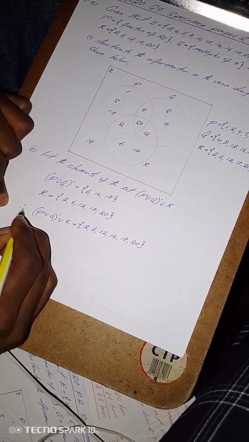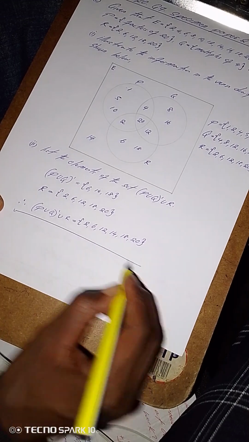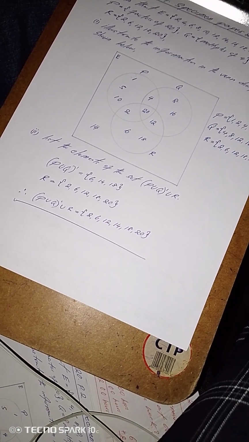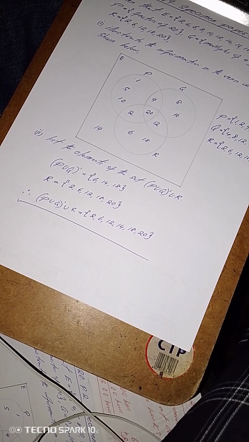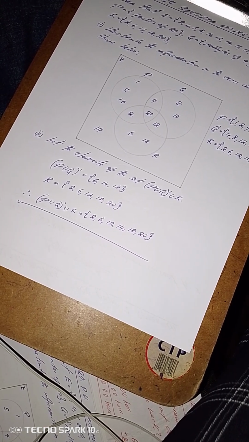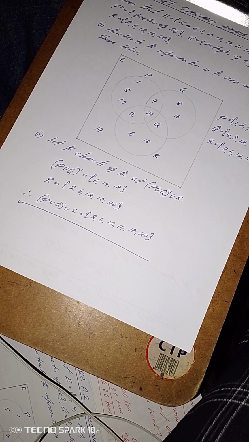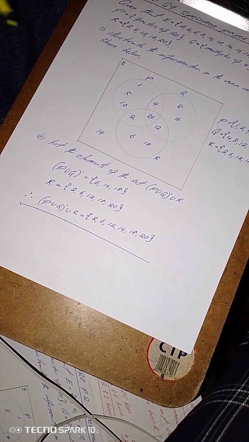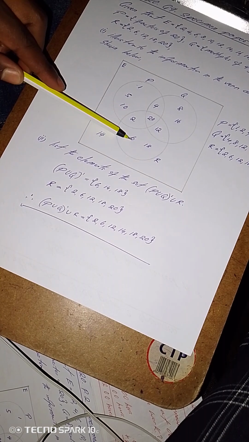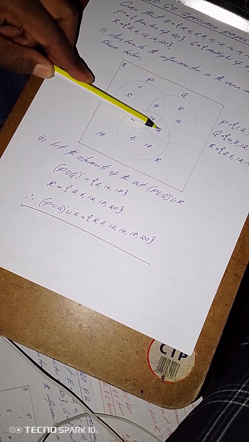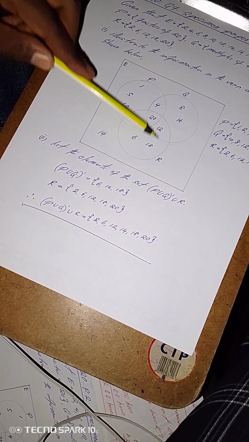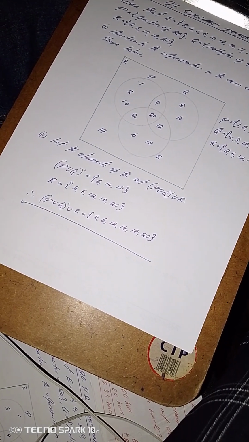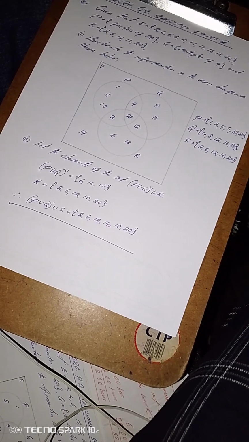So this is the answer for the last question. Open brackets, P union Q close brackets complement union R equals 2, 6, 12, 14, 18, 20. So this is the set. This is how we are supposed to do when we've been given a question.